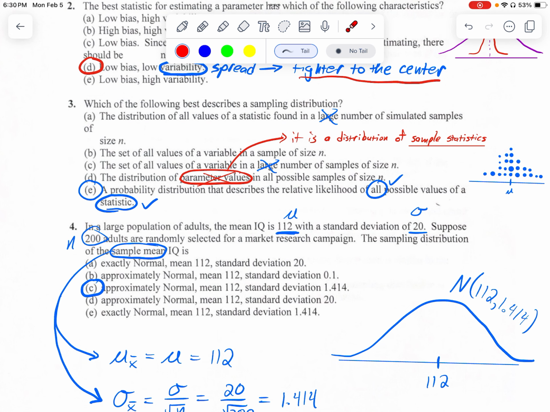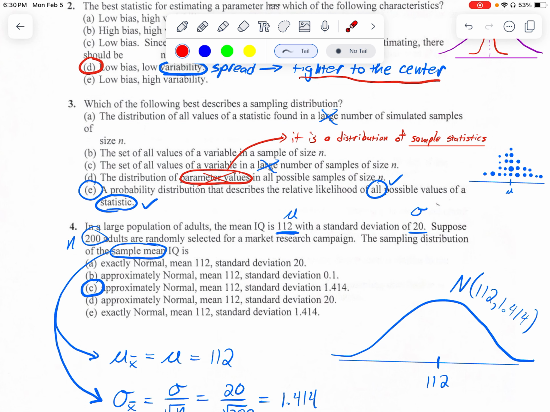These dots are not parameter values. Remember the parameter value, there's only one of those. There is only one true parameter for the population. So it wouldn't be much of a distribution. It would just be one single dot. So it's not this. And what's wrong with B?